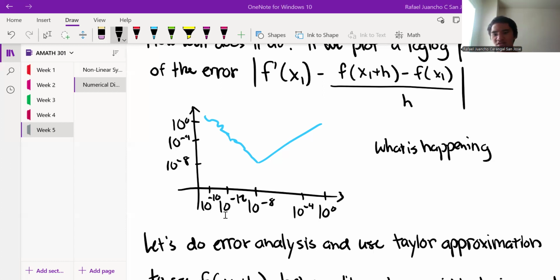So typically s sub 1 and s sub 2 are approximately 10 to the power of negative 16. And a computer actually computes that thing.